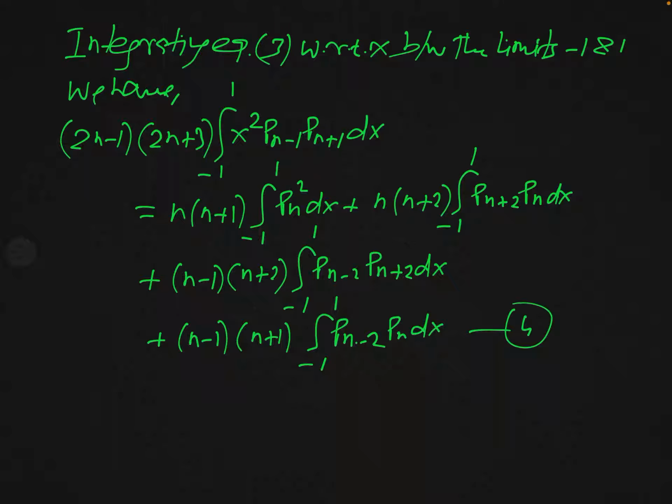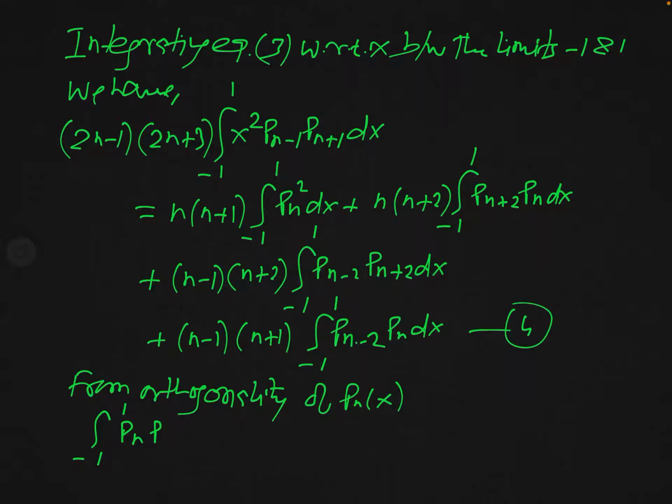Now we will use in this equation the orthogonality of Legendre's polynomial, and you know we have just seen what is this orthogonality property. From orthogonality of Pn of x, you have seen that integral from minus 1 to plus 1 Pm into Pn dx is equal to 0 if m is not equal to n, and this equal to 2 over 2n plus 1 if m is equal to n.